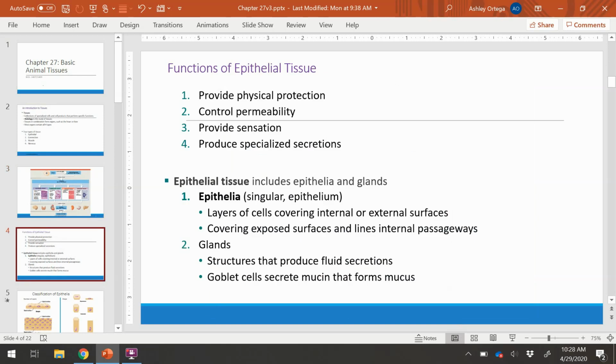And so let's take a look at the first tissue type, epithelial tissue. They have many functions, some of which are listed here. You can see it provides physical protection. So our skin provides protection from the outside environment, as well as our internal protection.